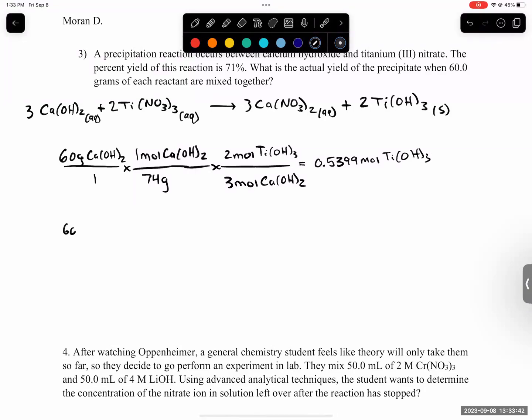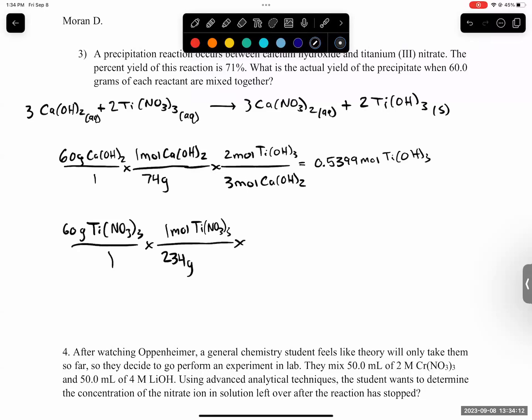And let's just run through this one quickly. The molar mass of this second reagent is 34 grams per 1 mole. So right now we're just trying to see which one's the limiting reagent.